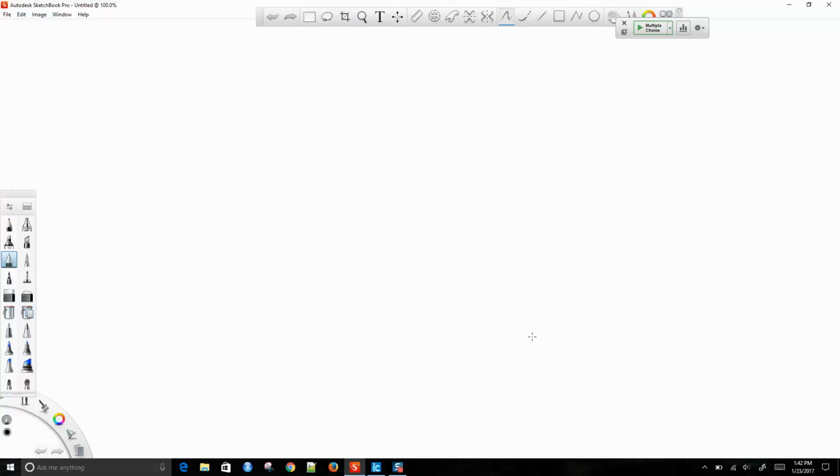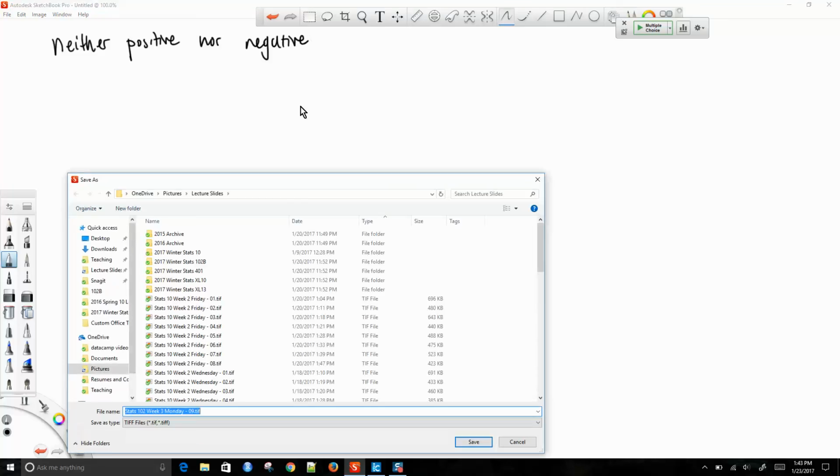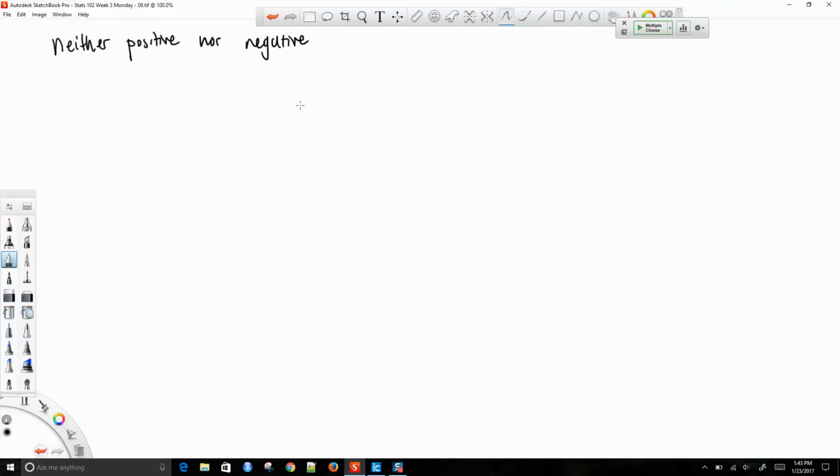And then we have neither positive nor negative. All of these terms about positive and negative can apply to both linear and nonlinear relationships.